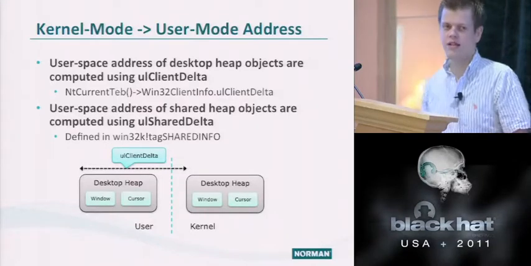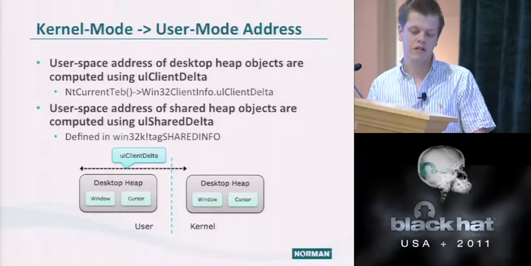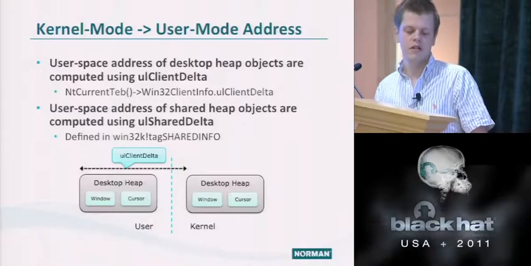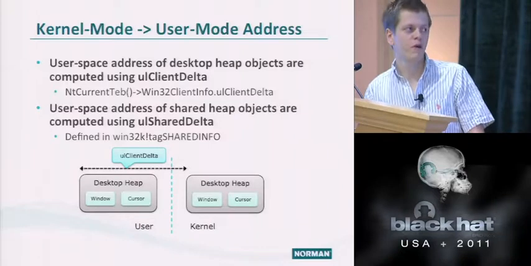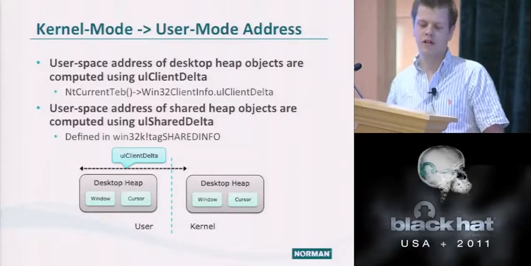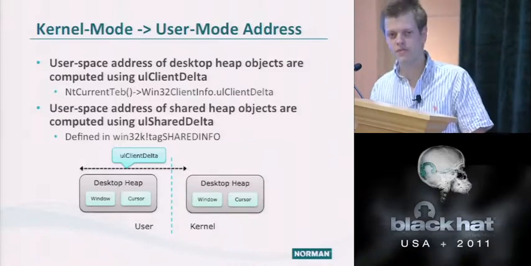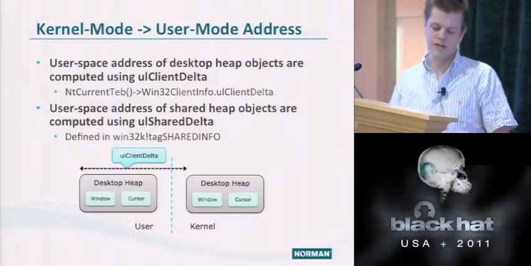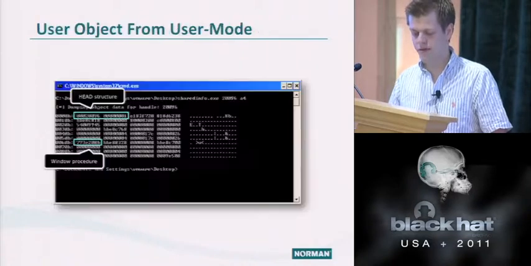So they take the pointer to the desktop heap in the kernel, and they use a delta that is also readable from user mode, and then they know the address of the user mode mapping, because they don't store pointers to user mode, they only store pointers to kernel mode. So that's why you see all these kernel mode pointers when you poke around in the desktop heap.